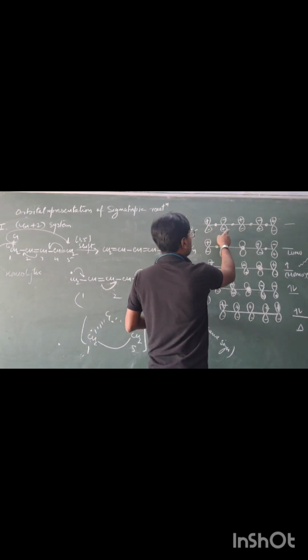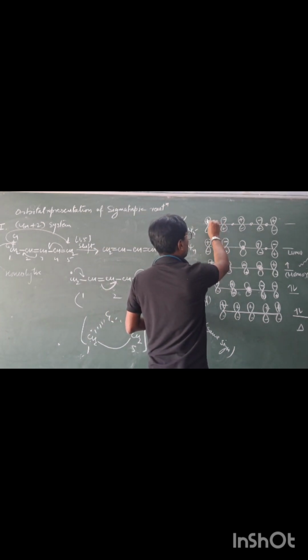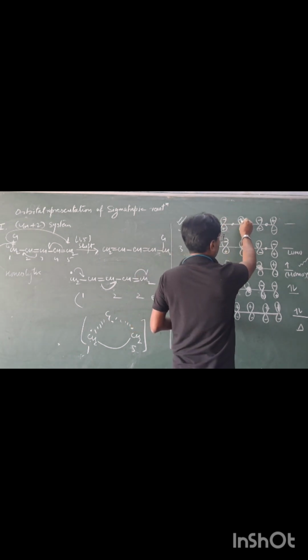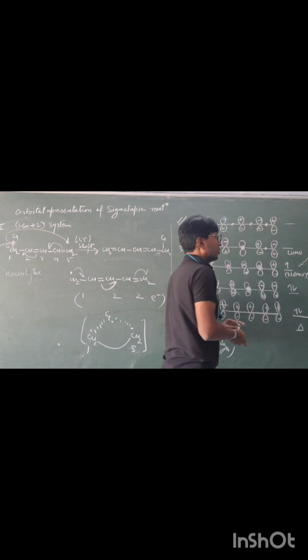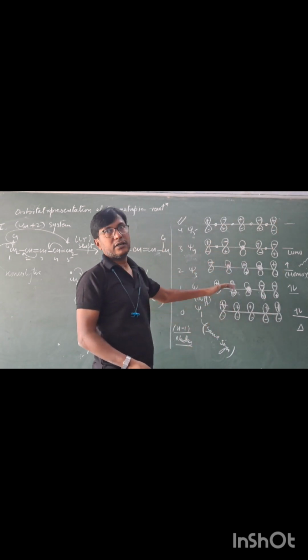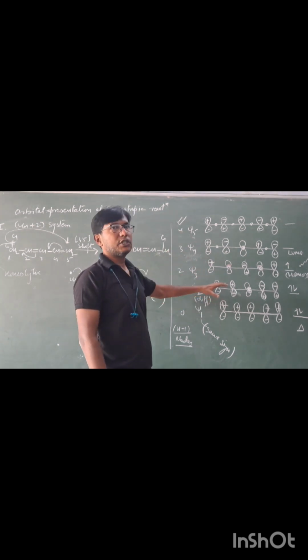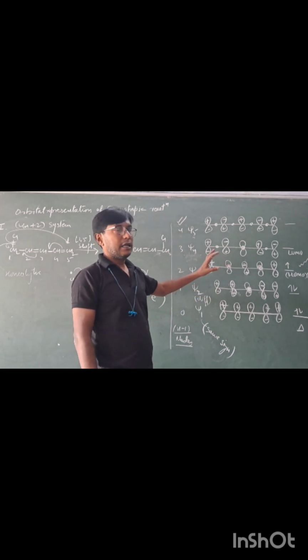And since all these have a node in between, plus minus will have it. This again has a node, minus plus will have it. Plus minus, minus plus. So this is the simpler way in which we can draw the nodes and the molecular orbital picture of any type of system.